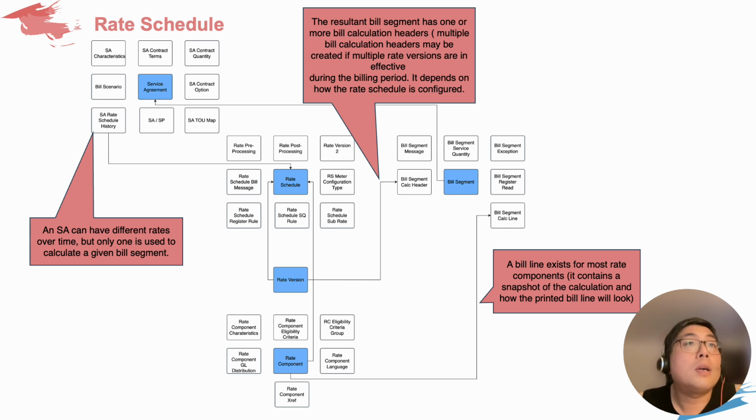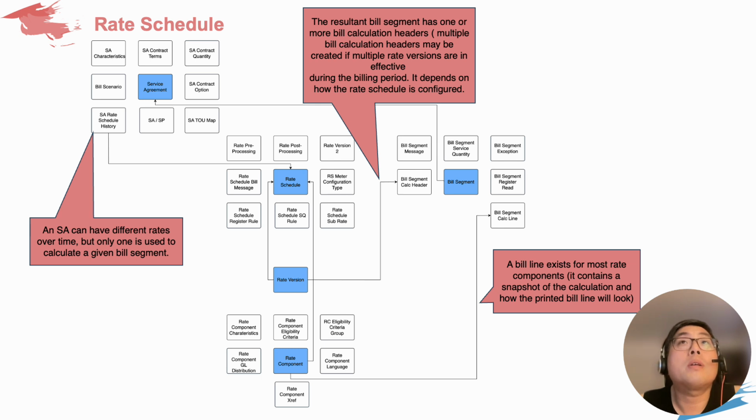From the left, SA can have different rates over time, but only one is used to calculate a given bill segment. The resultant bill segment has one or more bill calculation headers.